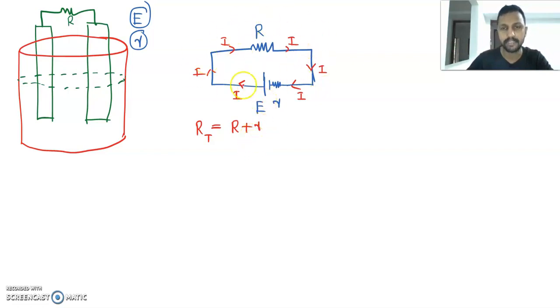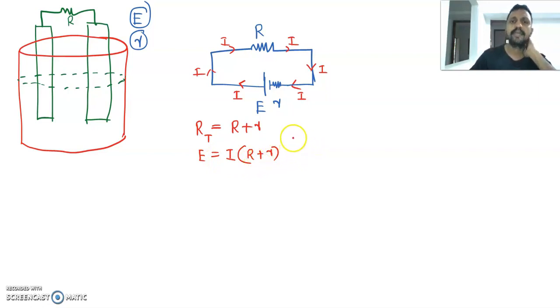Then what is the relation between EMF, current and resistance? EMF is equal to current into total resistance, that is, R plus small r. E is equal to I into R plus small r. This is the relation between EMF and current.